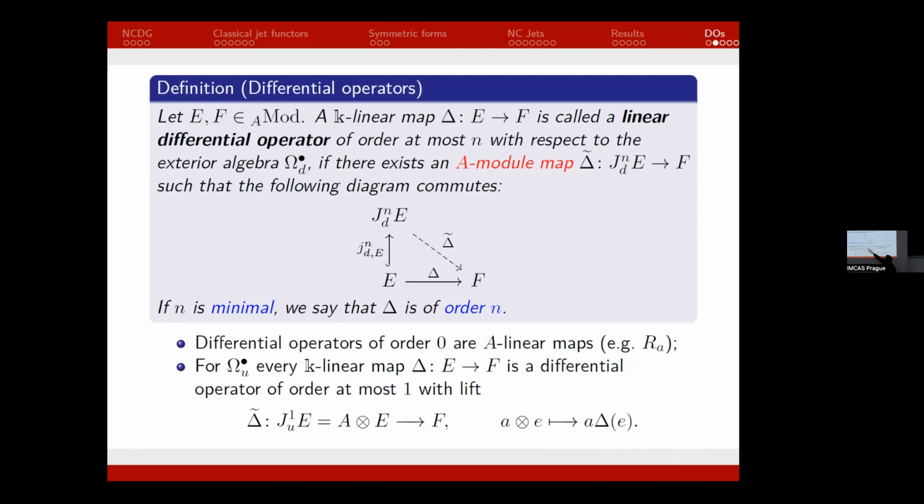And again, we say that it's of order n if n is minimal. So in particular, differential operators of order 0 are A-linear maps. That's because J0 is the identity map, as we saw before, and so the only way for delta tilde to exist is for delta to be exactly an A-linear map.